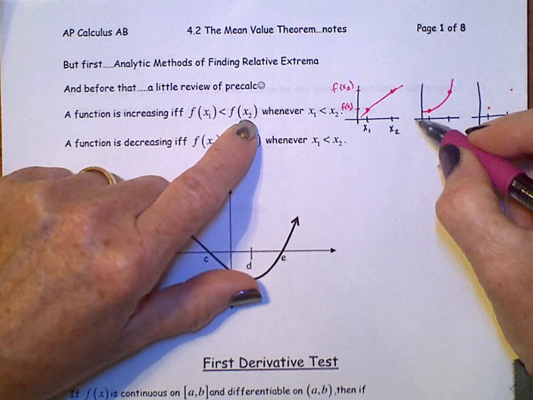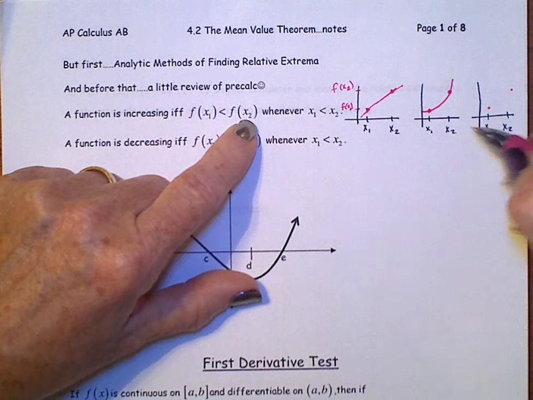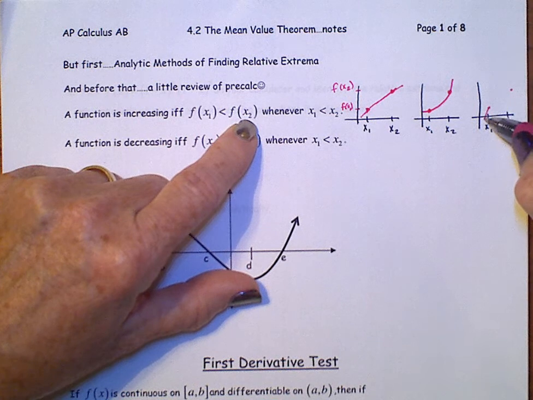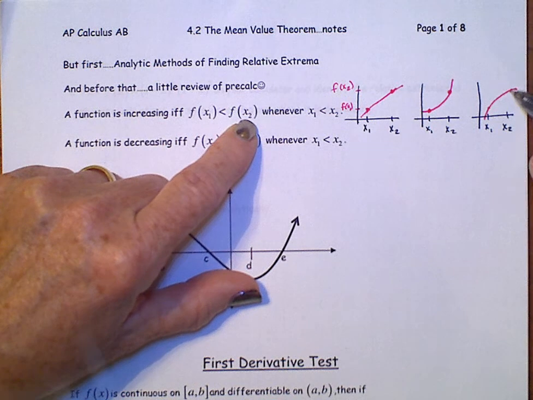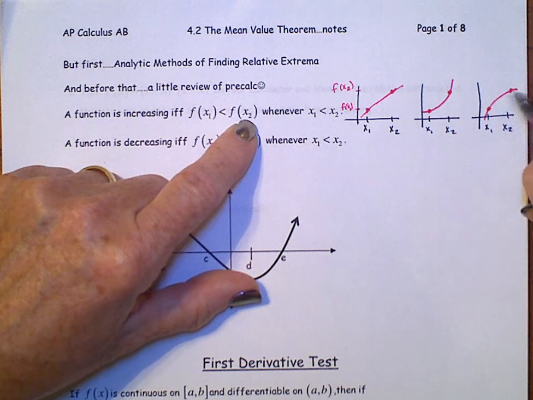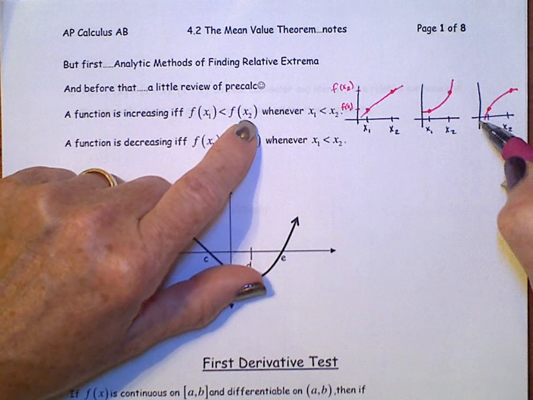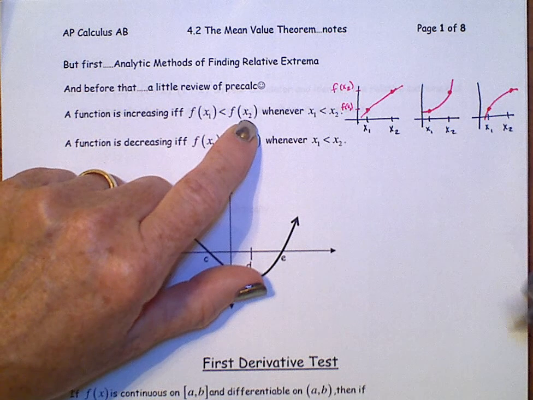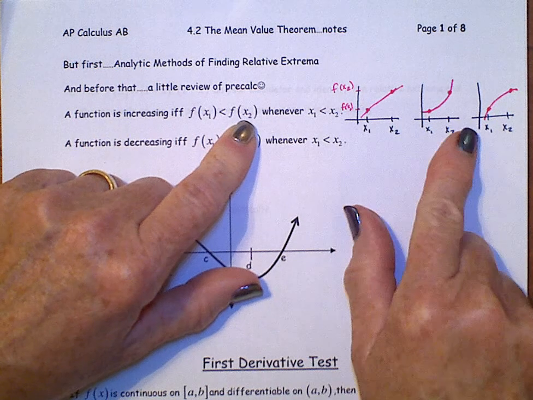It's still an increasing function. I also could have had this graph curving downwards as opposed to being linear like this one. That's still an increasing function. It's just curving downward. There's your increasings.